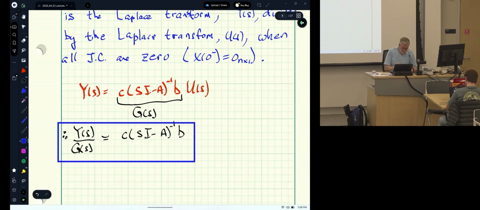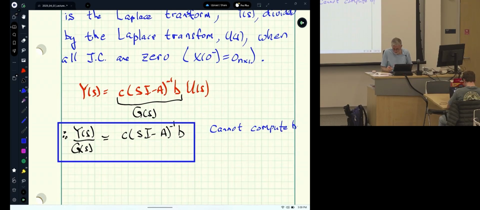Now this one, yeah, you can't really write it down by inspection. So, cannot compute by inspection. We use software to do that, and I'll show you that in a little bit.